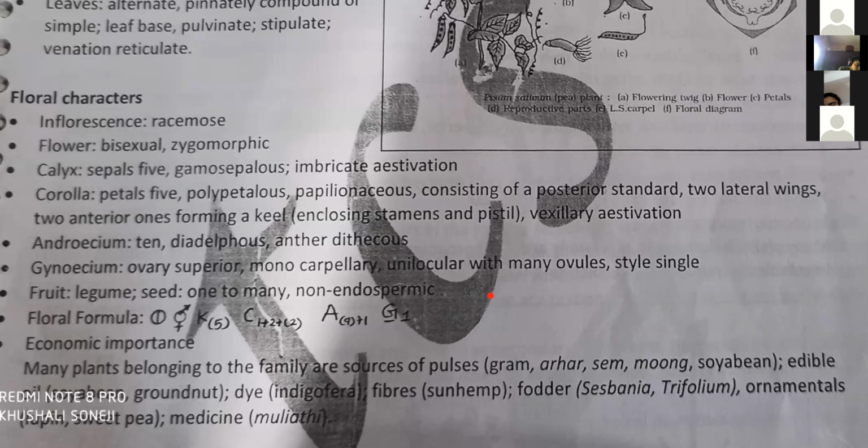So these are the economically important plants belonging to this Fabaceae family. Right? I hope you all are clear. If you have any doubt, you can ask me in the next class. In the next class, we will complete this chapter.